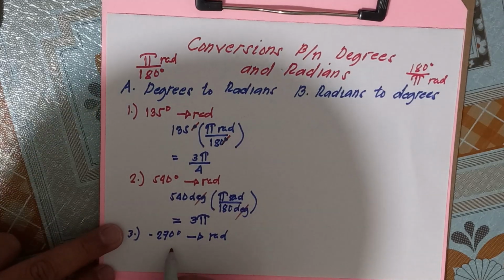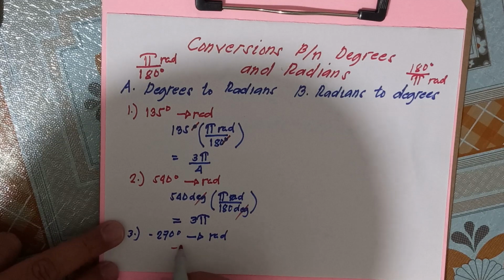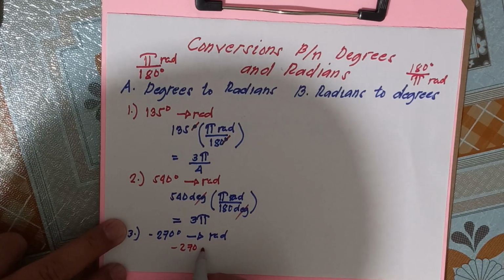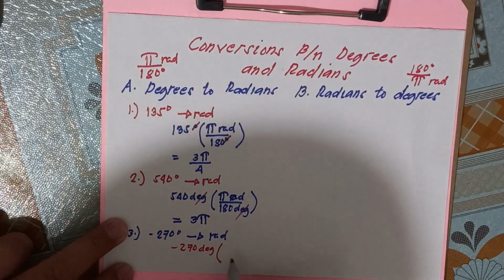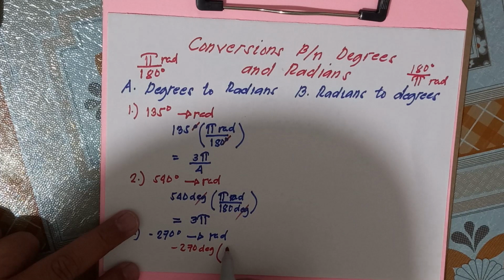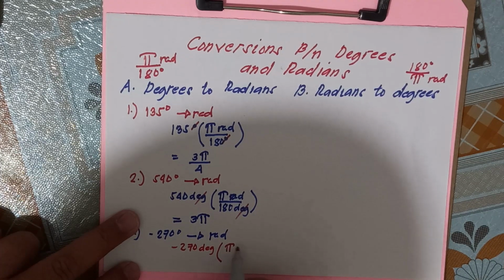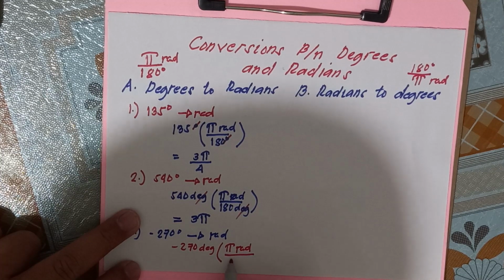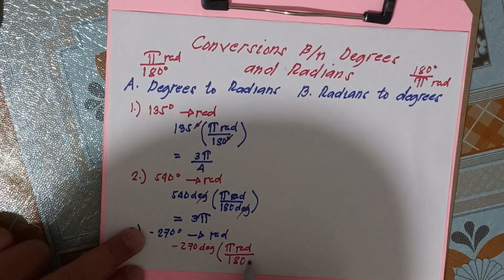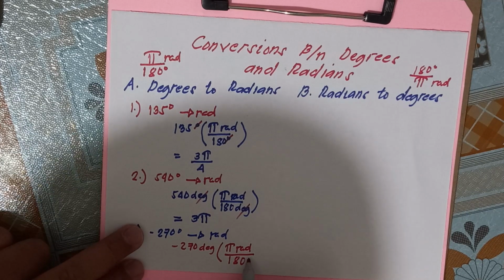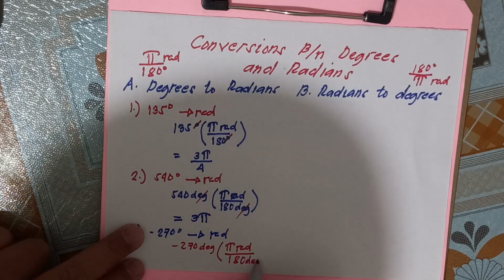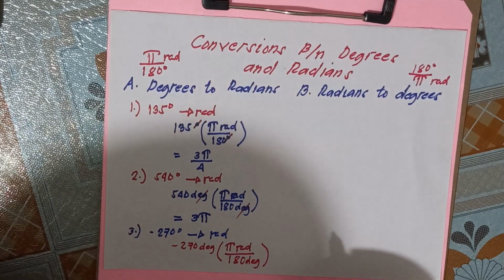We say negative 270 degrees multiplied by pi rad over 180 degrees.